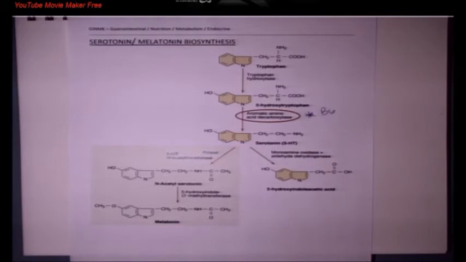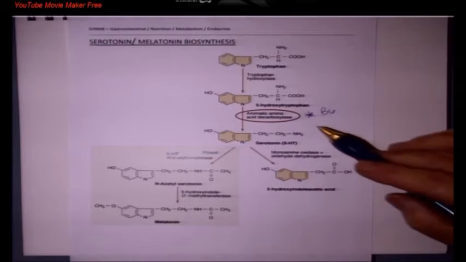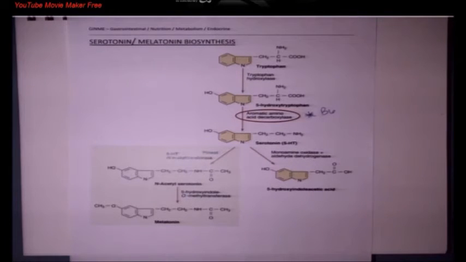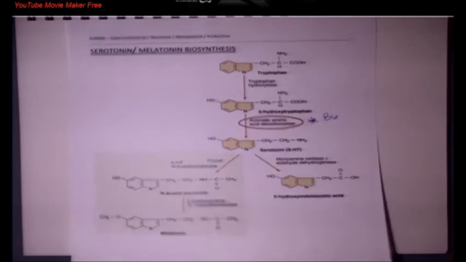So there's the transaminases, those are the big ones. And then the other one is these decarboxylase enzymes. Oh yeah, and there's one more.